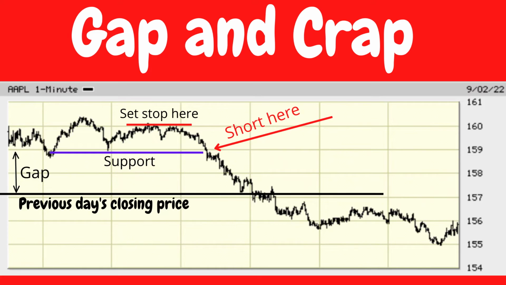The trade on this is to short when it breaks that blue line. As soon as it does break that support level, you put your initial stop right at the red line there, where I say set stop here. And then you can just trend trade it through the rest of the day. In this example, it would have worked beautifully. So this is the gap and crap, and it is the most common type of gap.